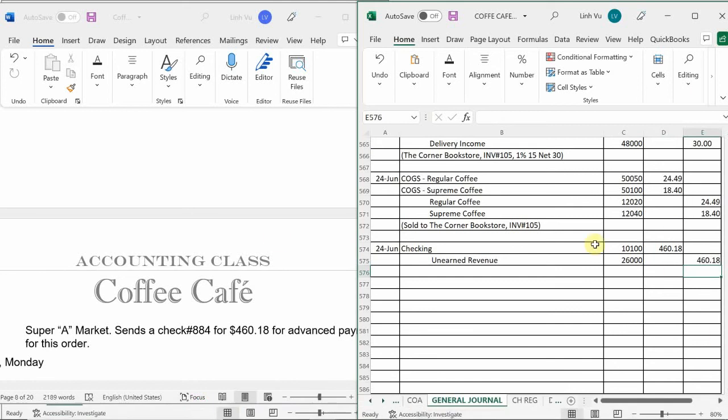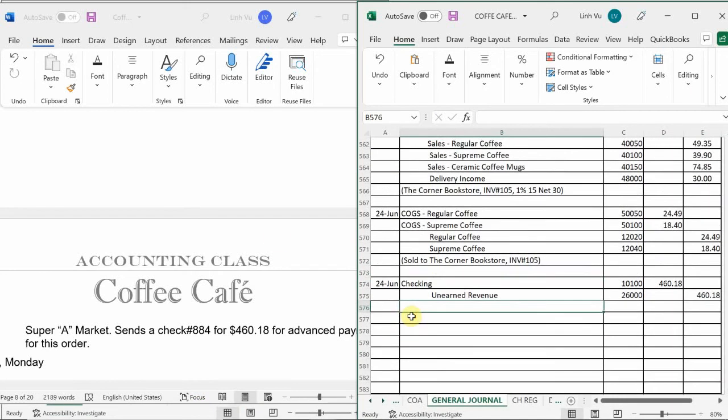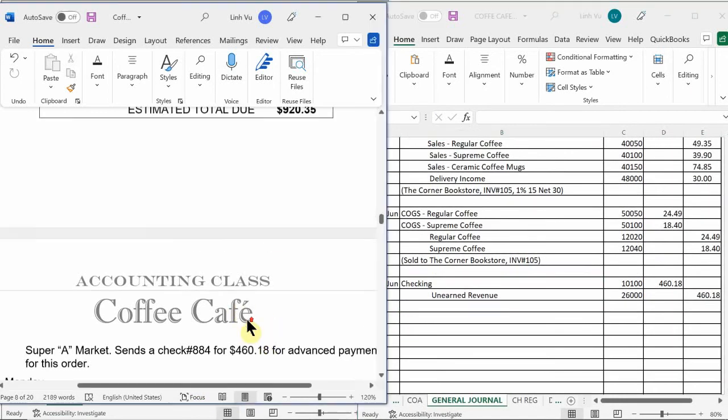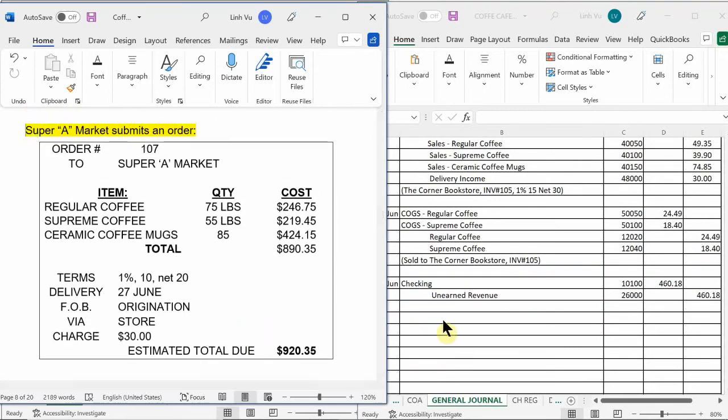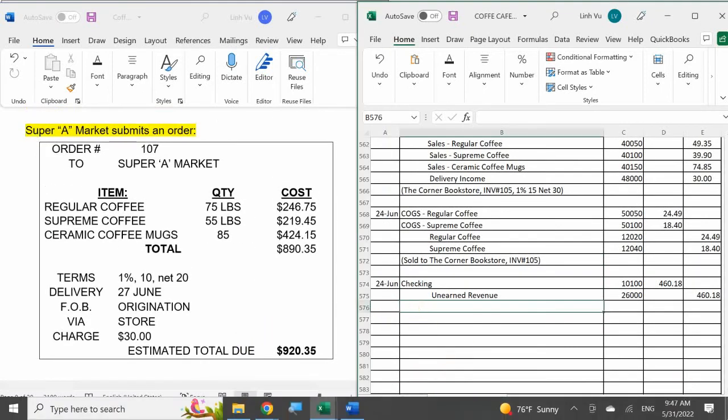Okay, so let's go ahead and put all our information in. Because we received a check from Super A Market. And this is for the sales order number 107. So we need to create a sales order.